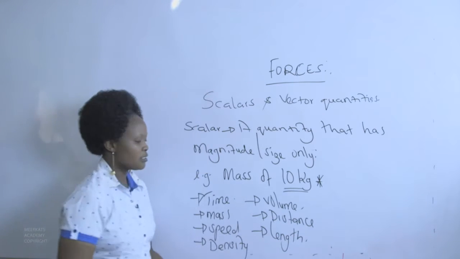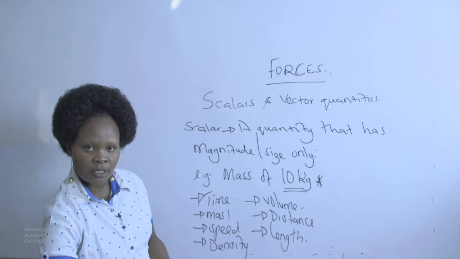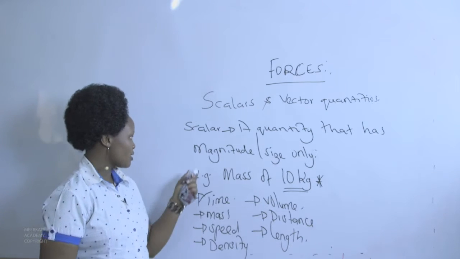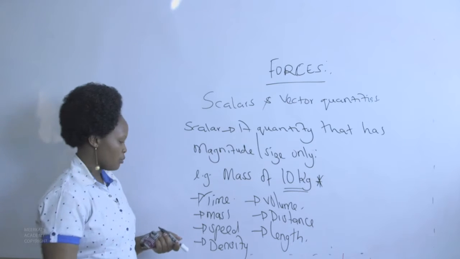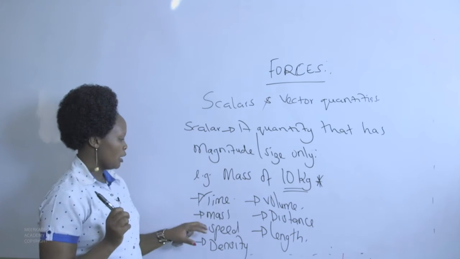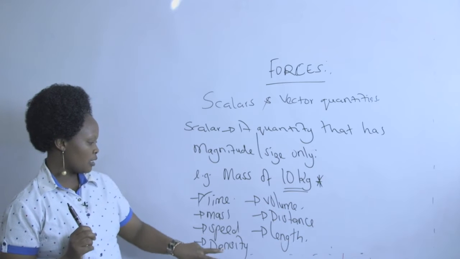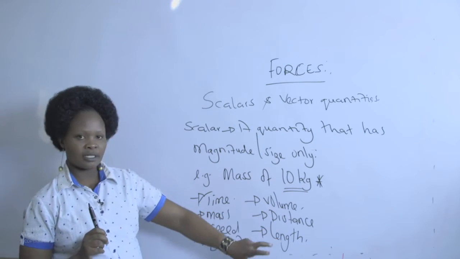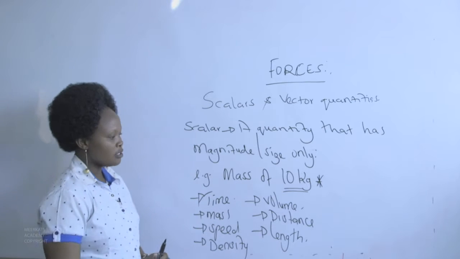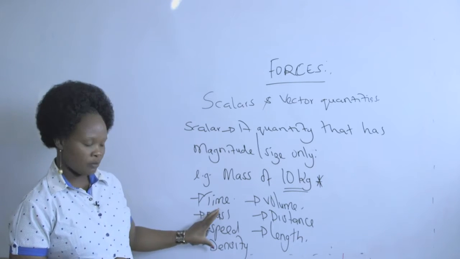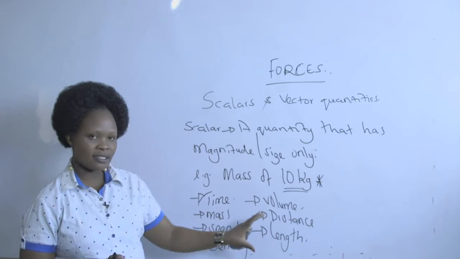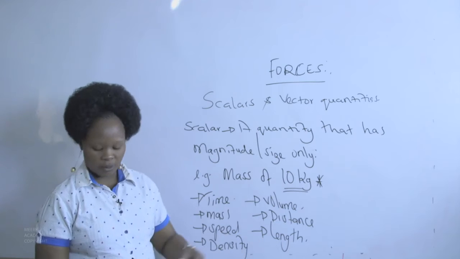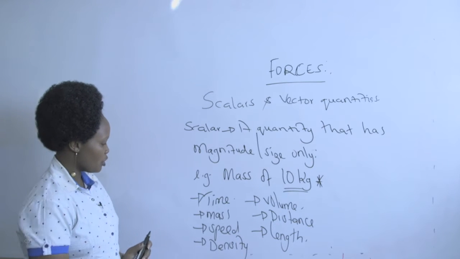Those are some of the examples that we can be able to give of scalar quantities. We have time, mass, speed, density, volume, distance, and length. It is worth noting that each one of these quantities has different units, as we will learn in our next chapter.